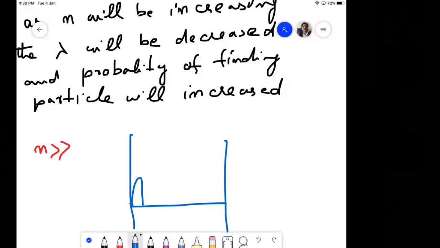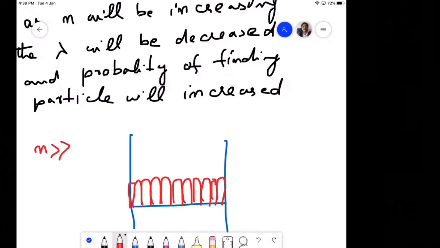Just 1 minute. As n will be increased, these numbers will be increased.